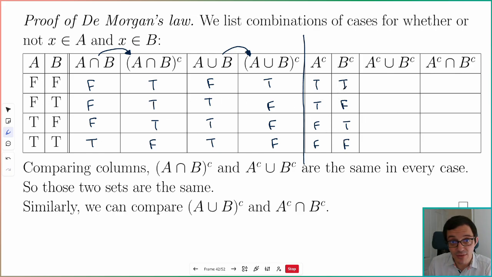So the cases are in a different order now compared to what I was doing over here. But it's the same sort of thing, right? I have the union of these two things, and the union means you have to be in one or the other. If you like computer science and logic gates, you can maybe think about what we're doing here as an operation on inputs and outputs, with binary inputs, true or false, 1 or 0, and binary outputs.